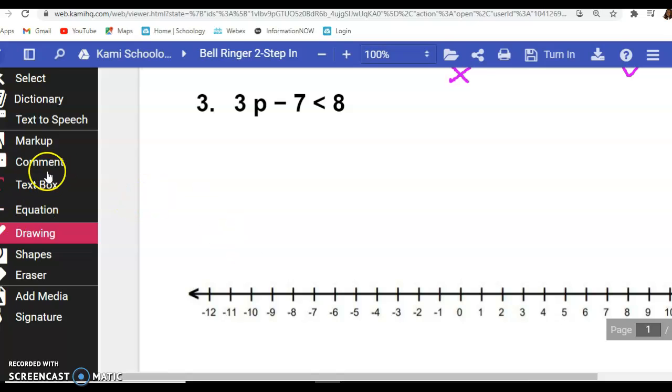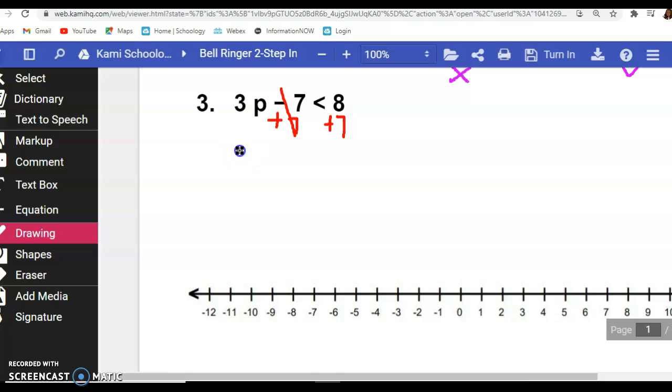All right, so let's look at number 3. Here we have 3p minus 7 is less than 8. So we know automatically that we have to add 7 to both sides, right?